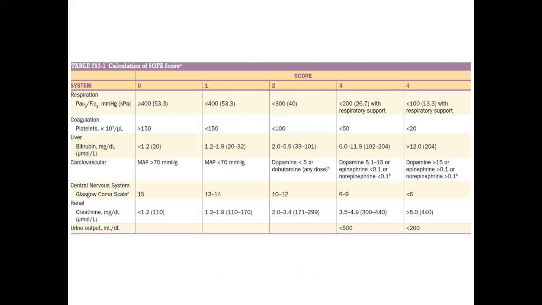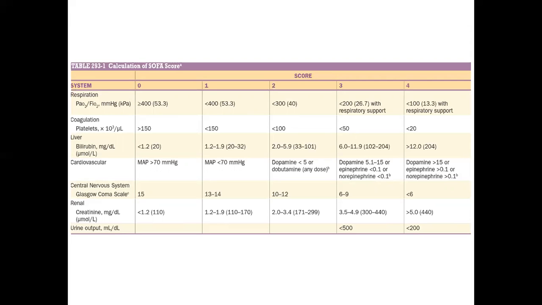So from table 293-1 of Harrison's, we are given an idea of how to calculate the SOFA score. The systems being evaluated are the respiratory system. Here we could count the respiratory rate, or as shown in the table, we measure the partial pressure of arterial oxygen divided by the fraction of inspired oxygen, in millimeters mercury.